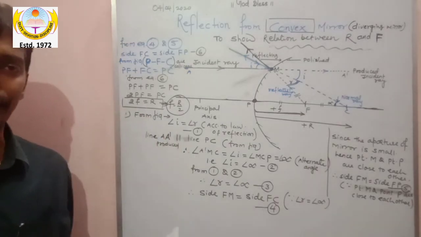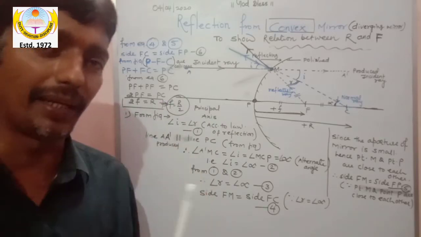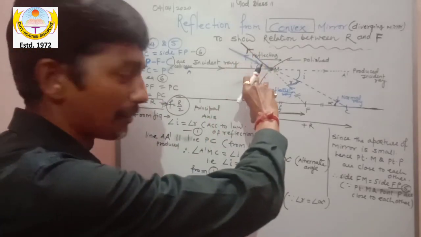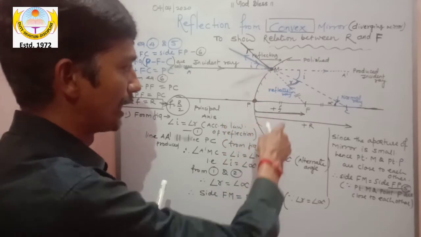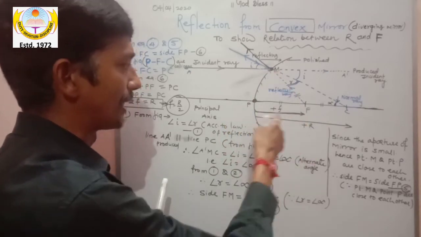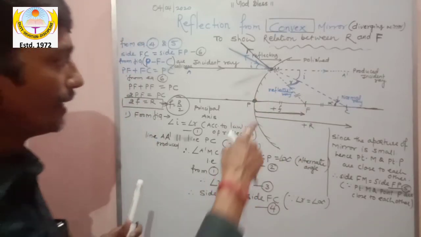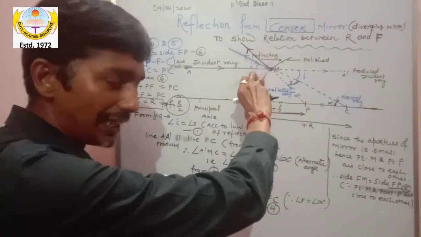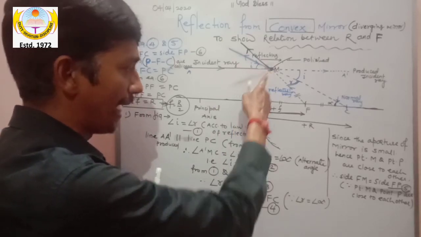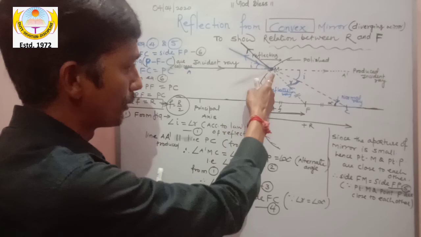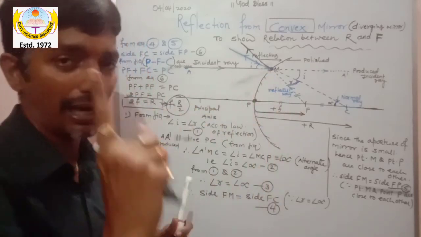So I hope it is clear, my dear. This derivation and the two things are very important. The aperture is very small, so M and P are very close, and therefore the distance from M to F and the distance from P to F will be the same.